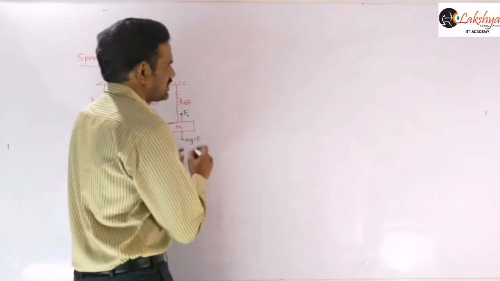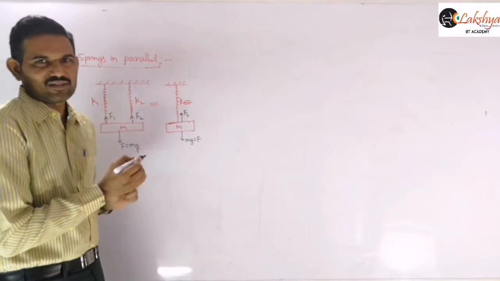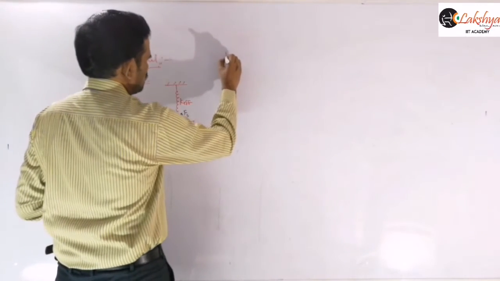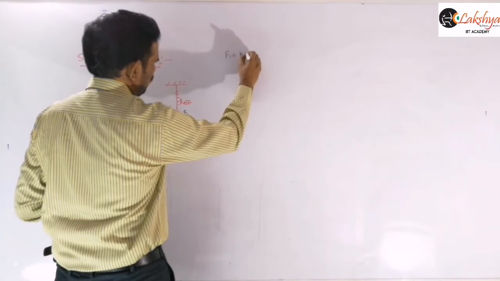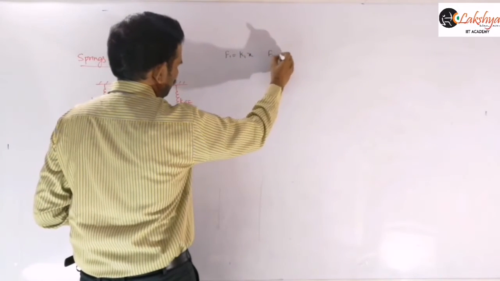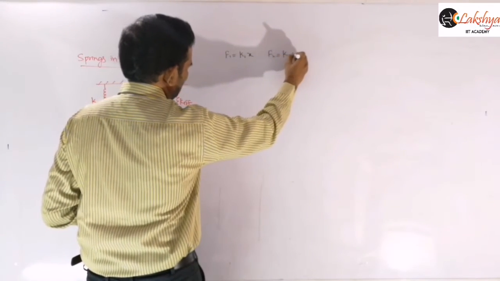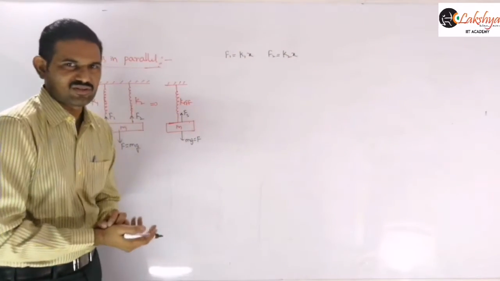Now I can write the spring force equation for individual springs. F1 is equal to K1 into X and F2 is equal to K2 into X, because the elongation or compression is the same.